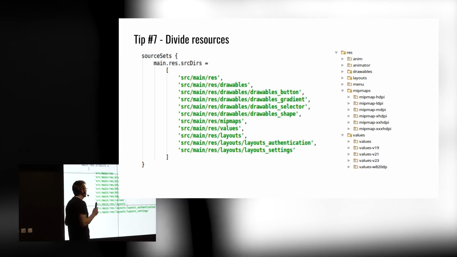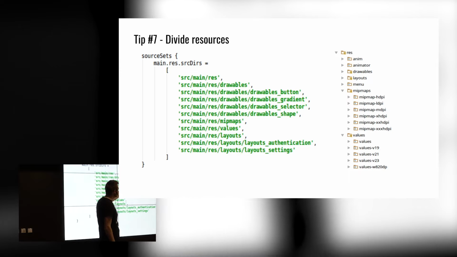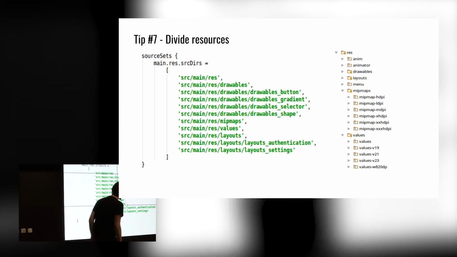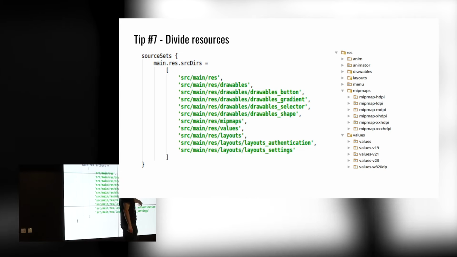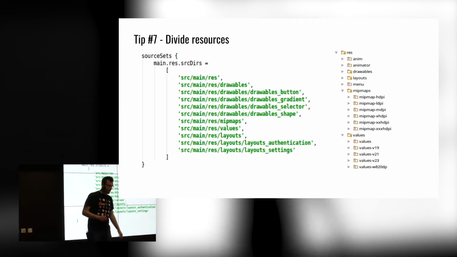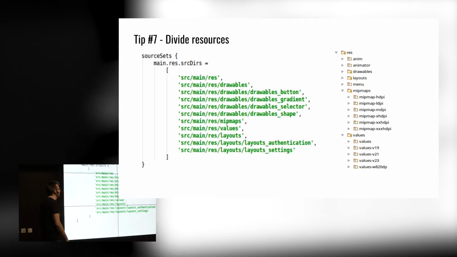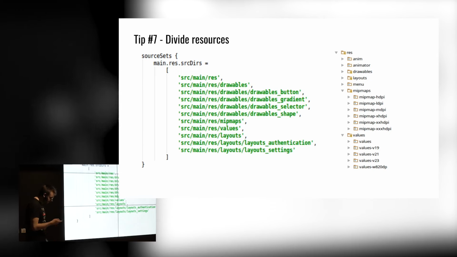Also, be careful about that because you need to have a layout folder in each of those folders. For example, when I have layout/layout authentication, I need to have another /layout folder, because this only means that Android Studio is looking for those layout folders in those destinations. So it still needs to be in the layout folder.